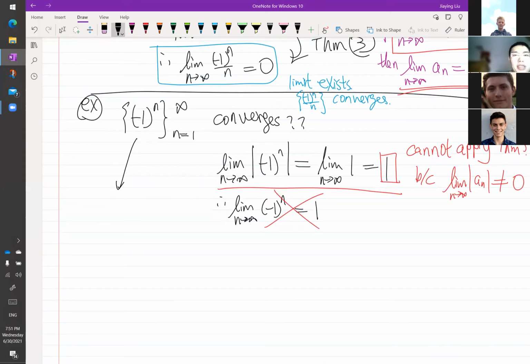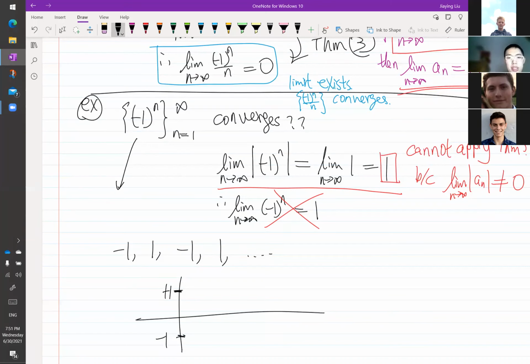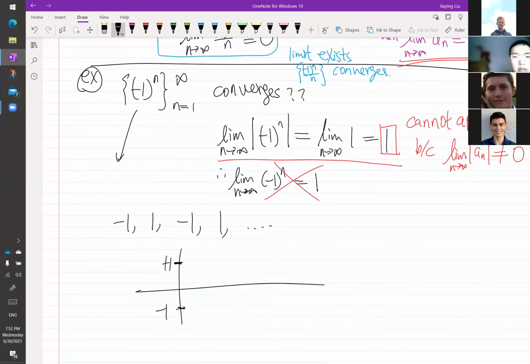So I'm just going to expand the sequence. I get -1, +1, -1, +1, and so on, right? And if we were just plotting them, +1, -1, to see where the sequence goes. So we begin with a -1, and then we jump to +1, and then jump to -1, jump to +1, and then -1, and so on.